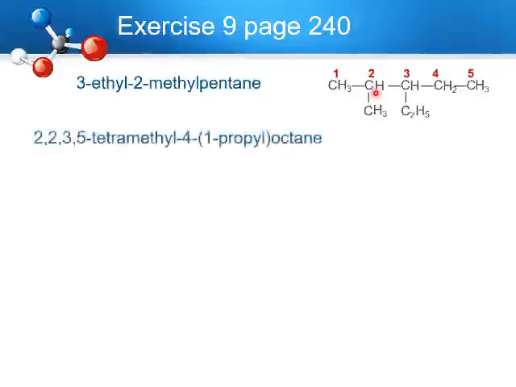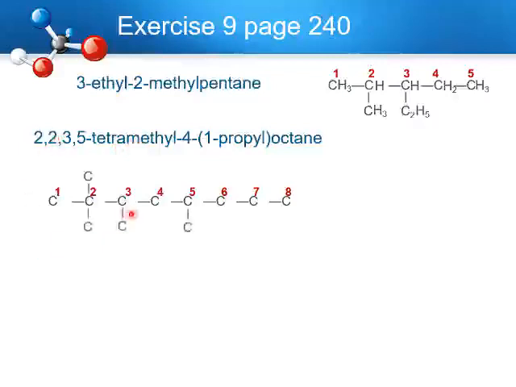For the second one, we have 2,2,3,5-tetramethyl-4-(1-propyl)octane. We start with the octane by writing 8 carbons in the main chain. For tetramethyl, we have 4 methyl groups: 2 methyl groups on carbon 2, 1 on carbon 3, and 1 on carbon 5.